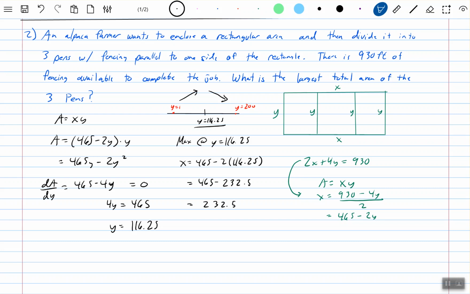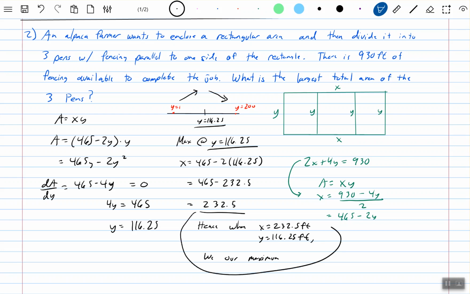So, what does that tell us? That at x is equal to 232.5 and y is equal to 116.25, we have our maximum. Hence, when x equals 232.5 feet and y is equal to 116.25 feet, we have our maximum.